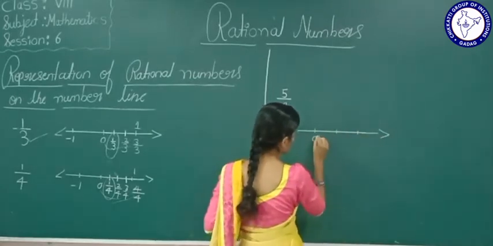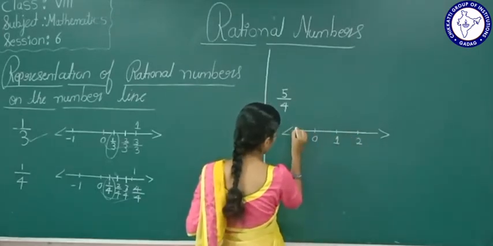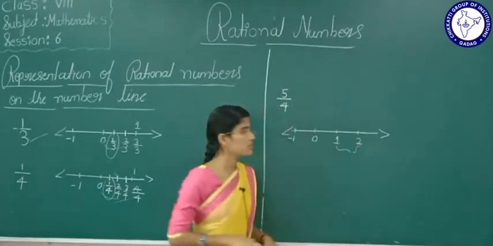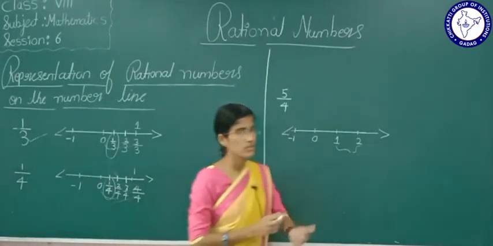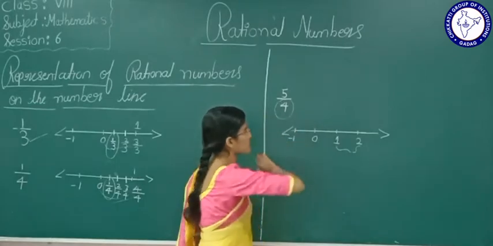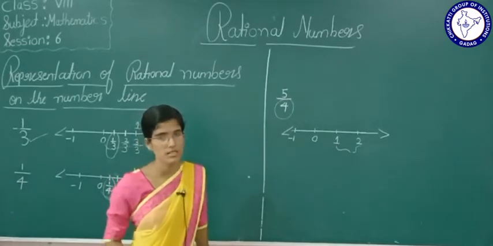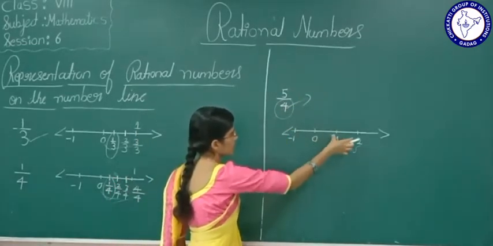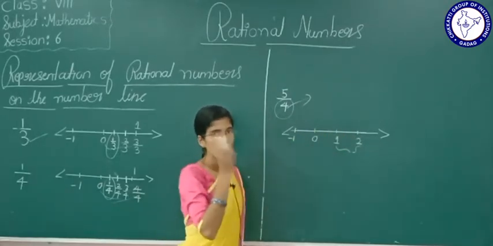Here 0, 1, 2, and here minus 1. Now we know that 5 by 4 will lie between 1 and 2. Now see here, 4 indicates that we have to divide into 4 equal parts. Here the denominator indicates we have to divide the first distance or second distance into 4 equal parts.